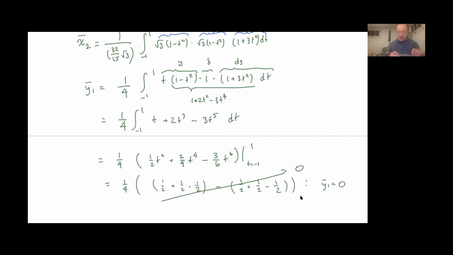So this is an odd function on a symmetric interval. So the values on the right cancel the values on the left. And it lines up with our expectations that the y coordinate is 0.